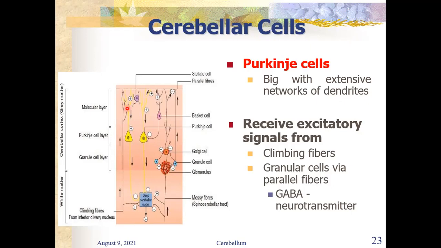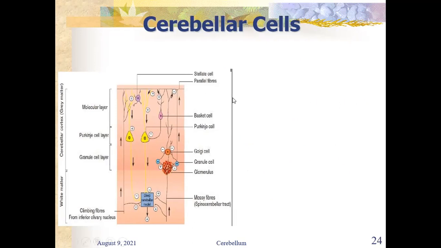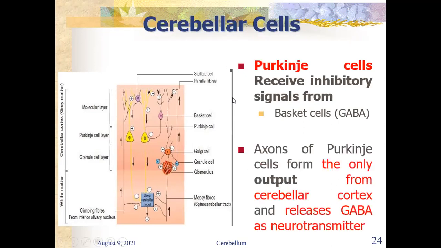Some granule cells also make connections with the Purkinje cells. You can see the granule cells with their long parallel fibers, axons, connecting with the Purkinje cells. All those connections are excitatory. But the Purkinje cells receive inhibitory signals from basket cells.